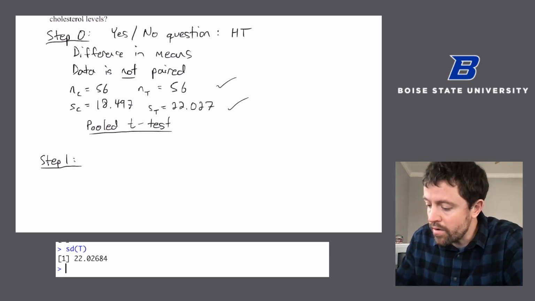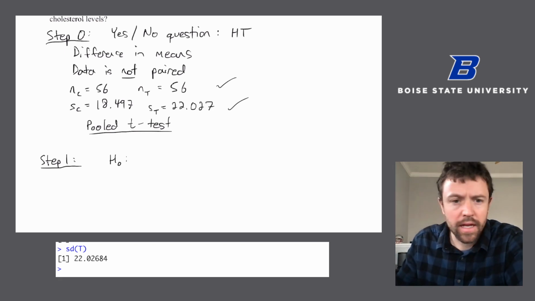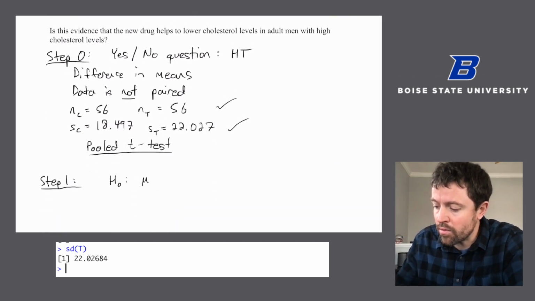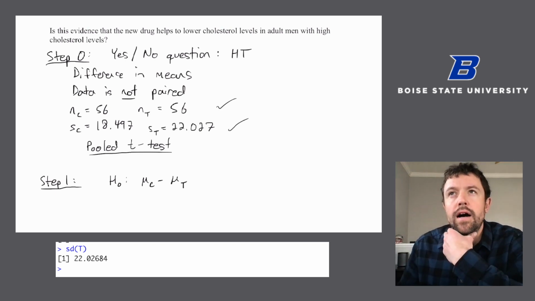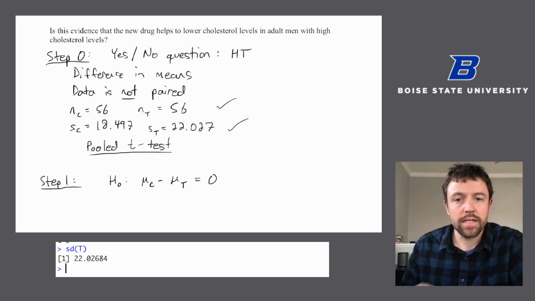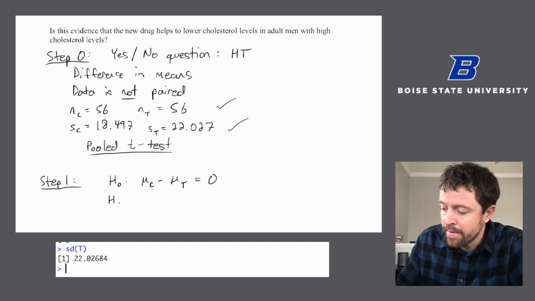Now, our null hypothesis is going to be that the difference in means, since I listed control and treatment, I'll write everything in the order mu c minus mu sub t. It doesn't matter what order you write these things in, as long as you're consistent. And sometimes it can be nicer to write in a certain order. I think in this problem, it's nicer to write in this way because we're going to get positive numbers, assuming this works out how I expect.